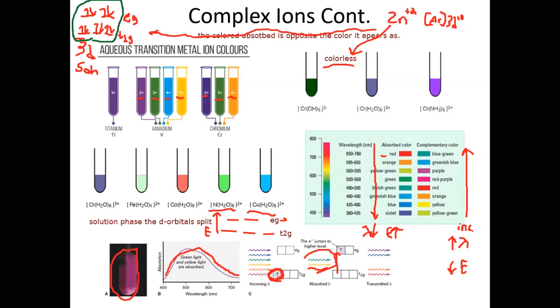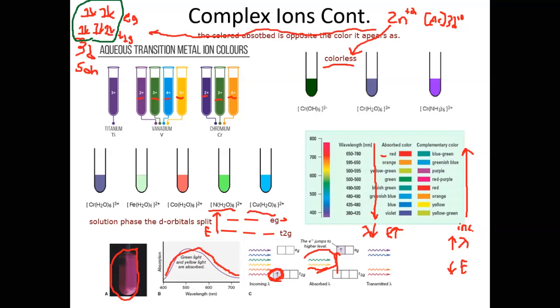There's nowhere for the electrons to go from a lower d orbital to a higher d orbital. And if that's not cool, I don't know what is. That explains why zinc is colorless. For example, cobalt is not colorless, because cobalt has room to go from a lower state to a higher state. It absorbs a photon of visible light. The electrons in cobalt's lower state move to the higher state, and you get this colored solution.